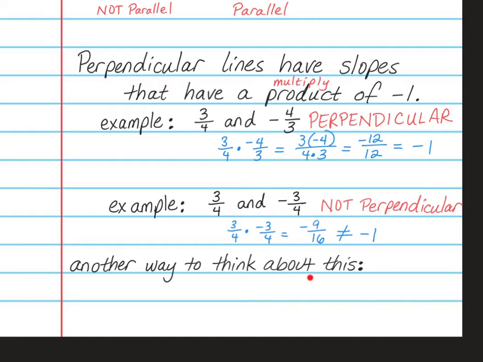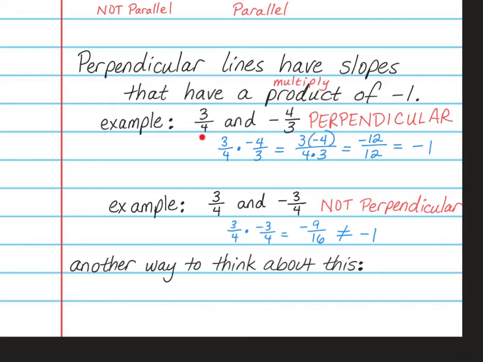Another way to think about this is that if you look at 3/4 and -4/3, notice that one of them is positive and the other one is negative. Also notice that the 3 that was on the top now goes on the bottom, and the 4 that was on the bottom goes on the top. When you flip a fraction like that, it's called the reciprocal.